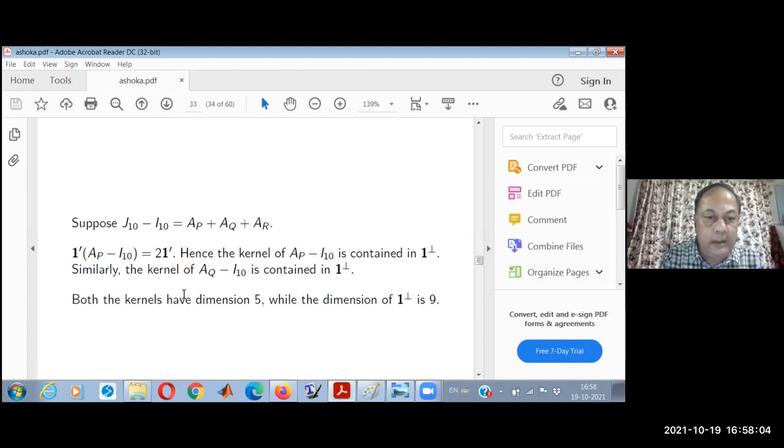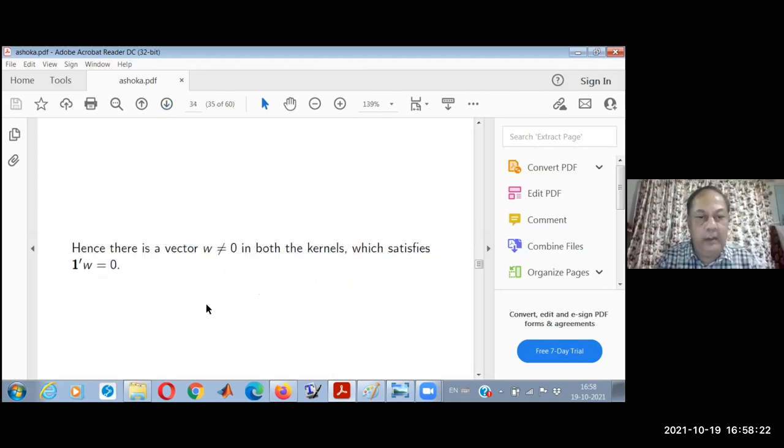So AP minus I10 has nullity 5 and AQ minus I10 also has nullity 5. So 5 plus 5 is 10, which is the dimension of the space perpendicular to 1. So by the usual intersection result for vector spaces, there will be a non-zero vector in the intersection. So there's a vector W, not equal to 0, in the kernel of AP minus I as well as the kernel of AQ minus I.